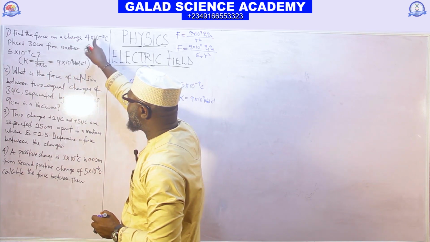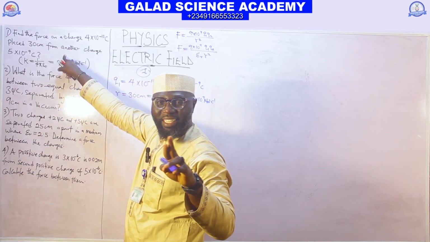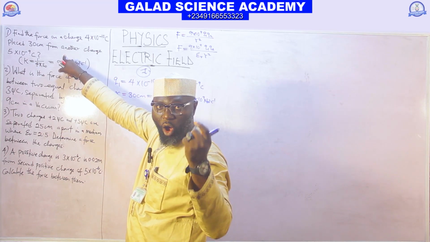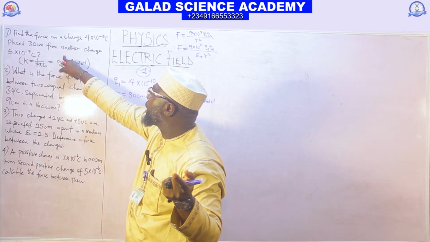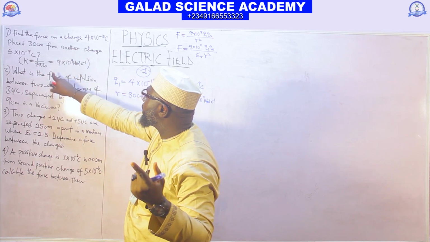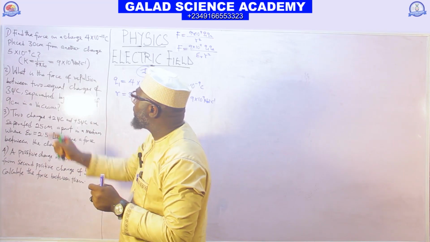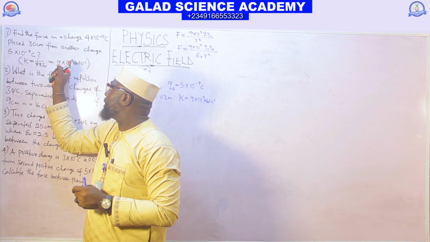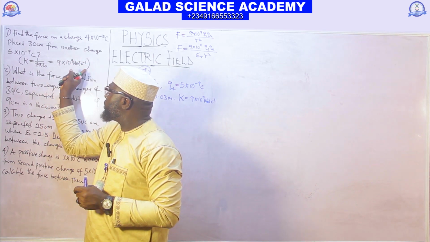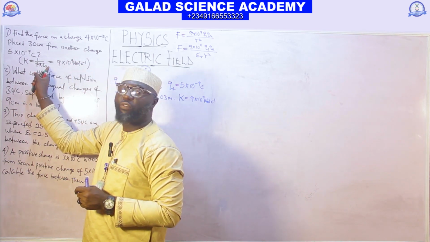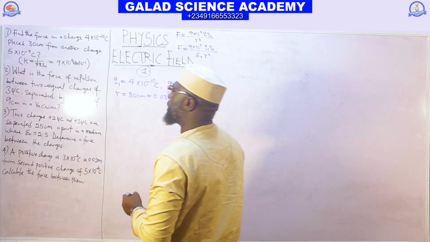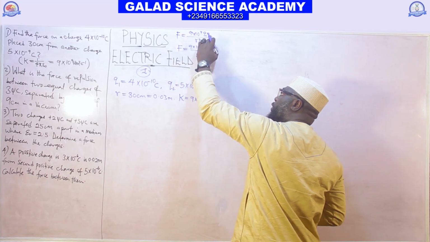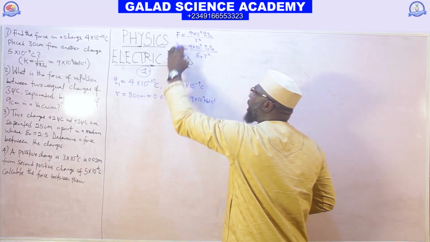They don't tell us that the charge is in a medium or in free space, but they make the question easy for us by giving us the value for K, which is 9 times 10 to the power 9. Whenever you are using K for this, it is in free space. So we use this first formula because we are given K here.